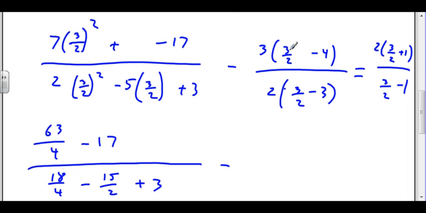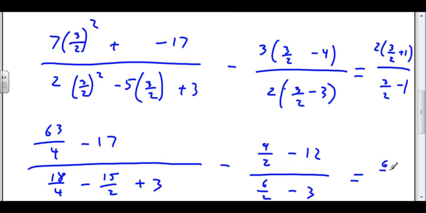I got 9 over 2 minus 12. I got 6 over 2 minus 3. And I got 6 over 2 plus 2. And I got 3 over 2 minus 1.